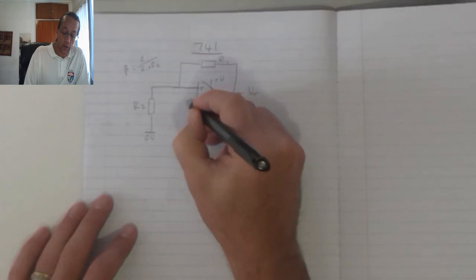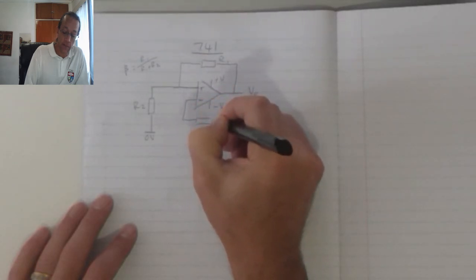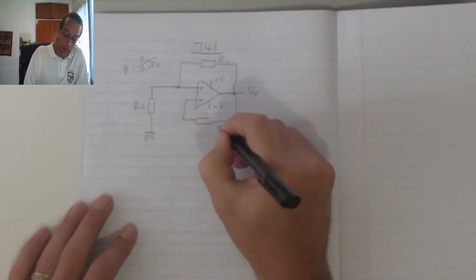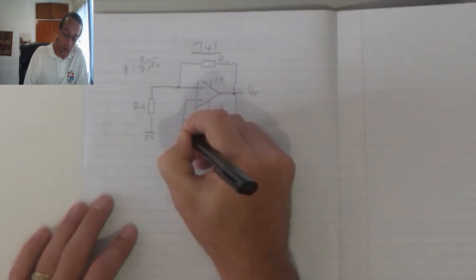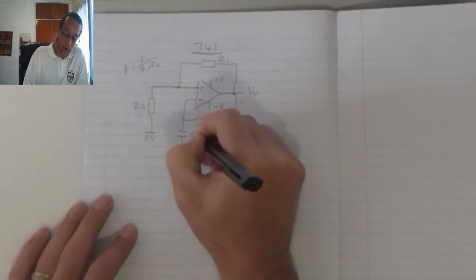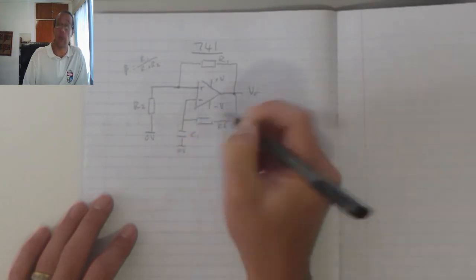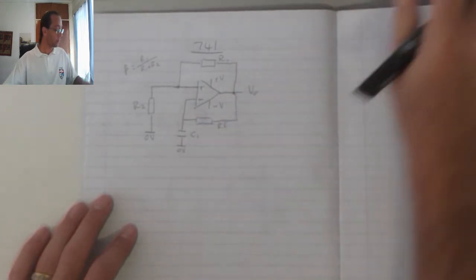My inverting input also gets a feedback resistor, which we're going to call RF, and it connects to ground through my capacitor in order to serve as timing.